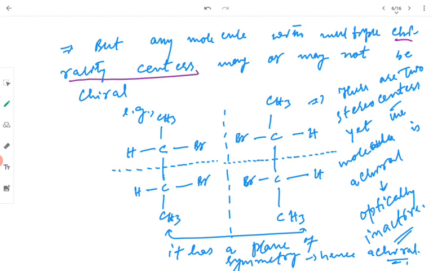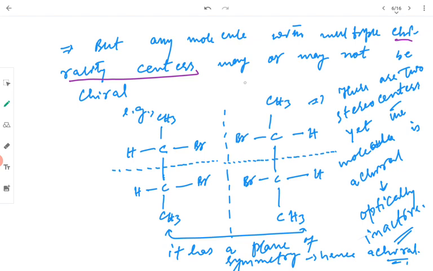I repeat what I said in the previous slide: if a molecule has one chiral center, one asymmetric center, meaning one carbon attached to four different groups, it will always be chiral, with no exception.